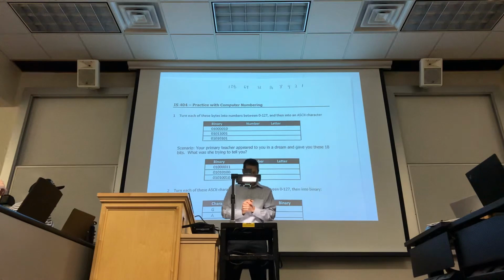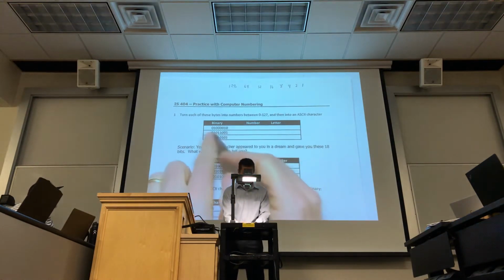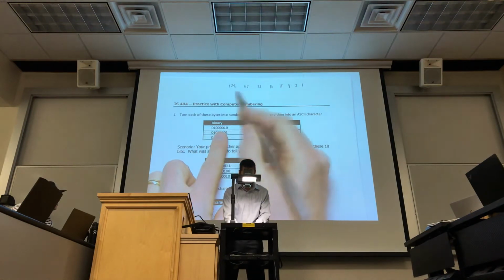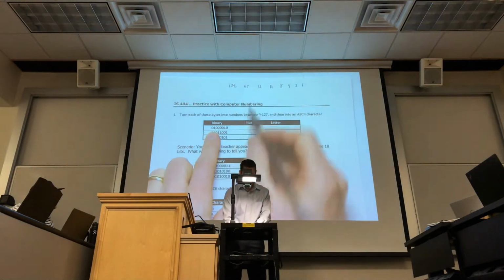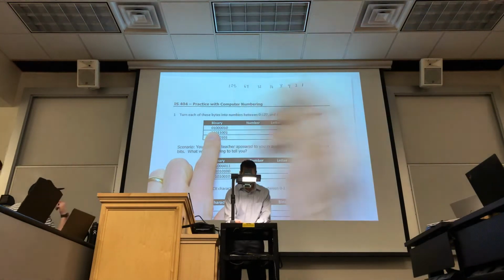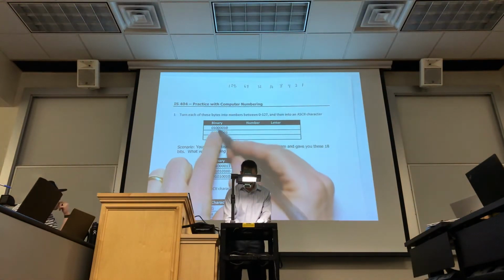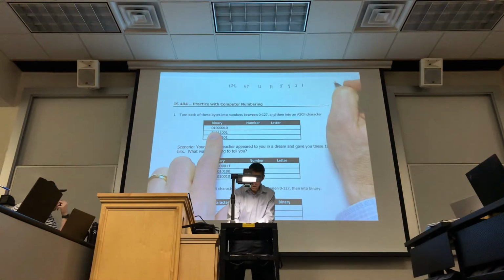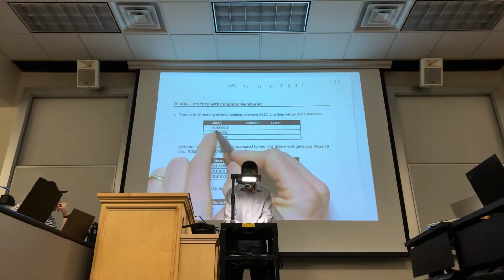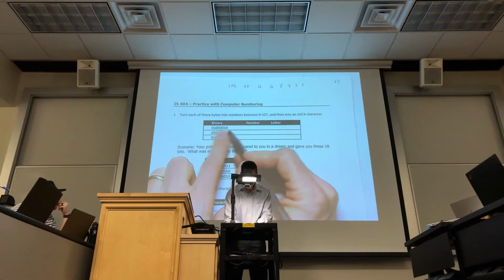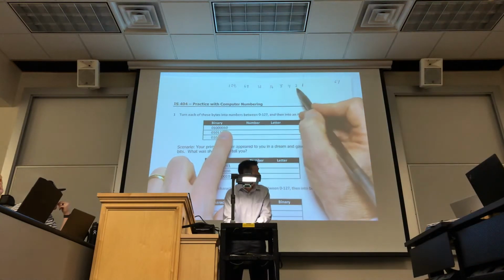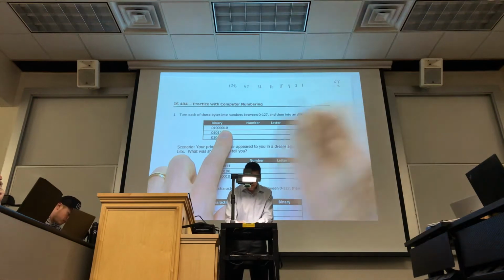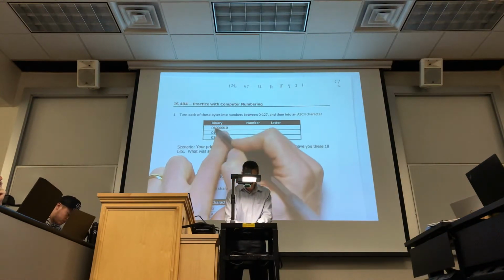To go from binary to an ASCII character, I match up the numbers with the places up there. There's nothing in the first one related to 128, so I don't have to worry about that. There is something in the second position, so that's 64. It's all zeros after that, and then second from the end there's a 1, so that's the 2. So in binary I have a 64 and a 2.